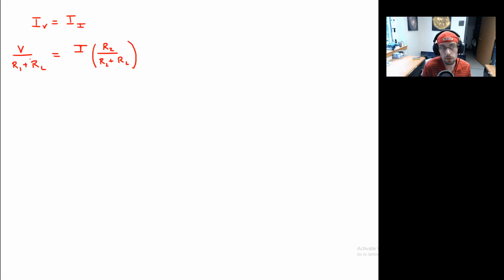So I've substituted in the two values that we found, and let's rearrange this equation so that RL is separated from the other stuff. I'm not solving for RL, I'm just getting all of the terms involving RL to one side of the equation.